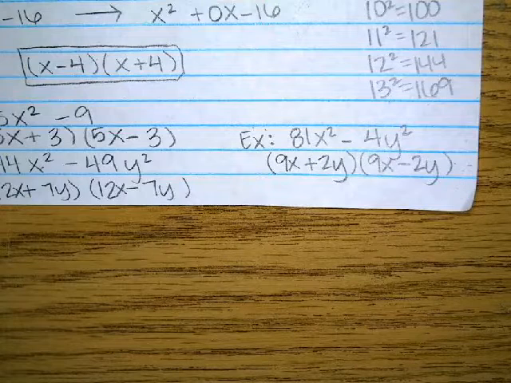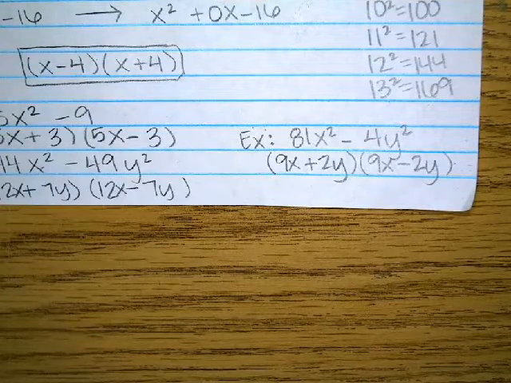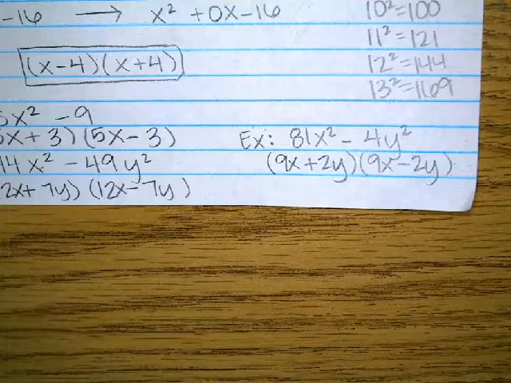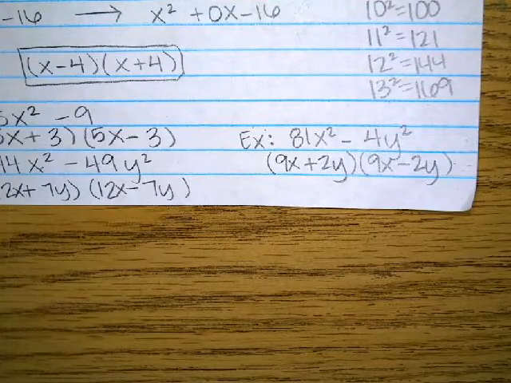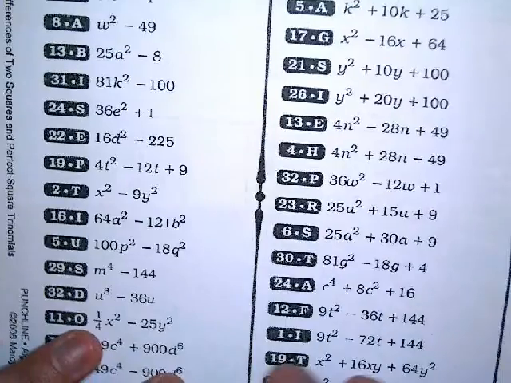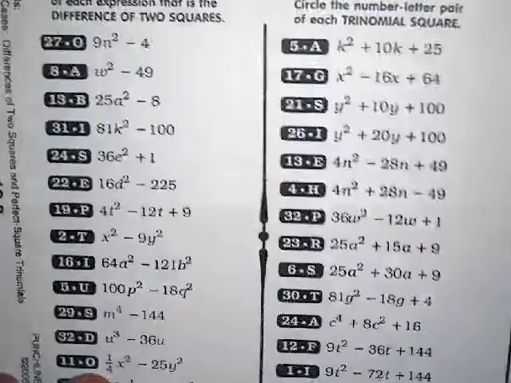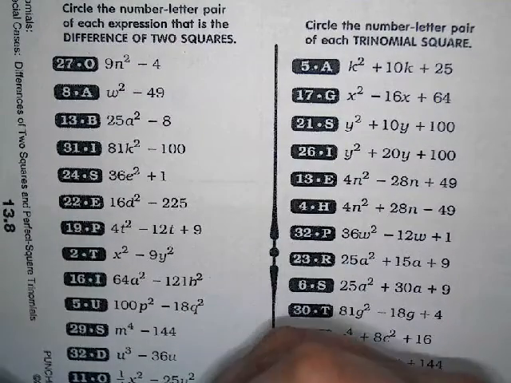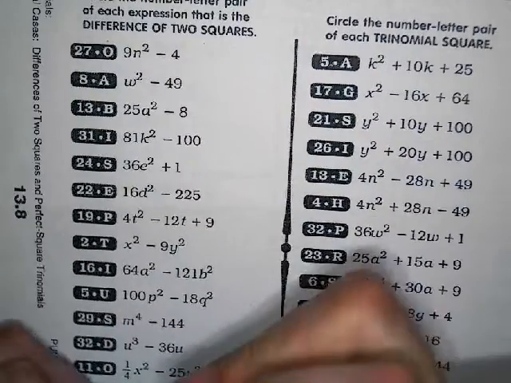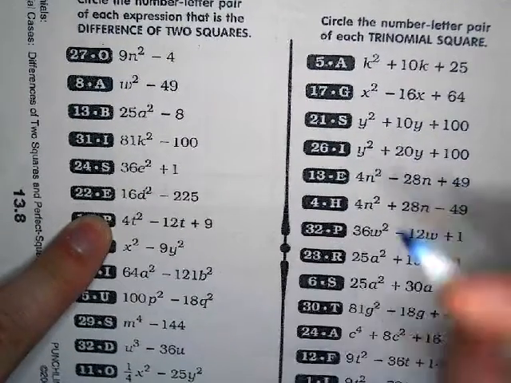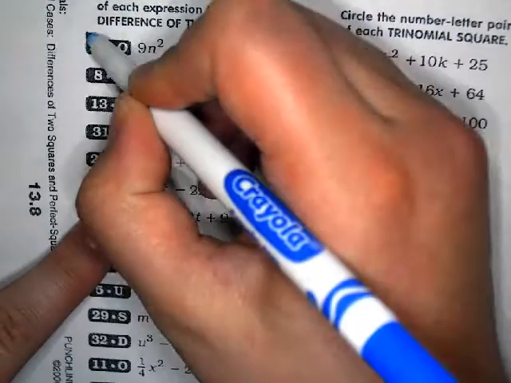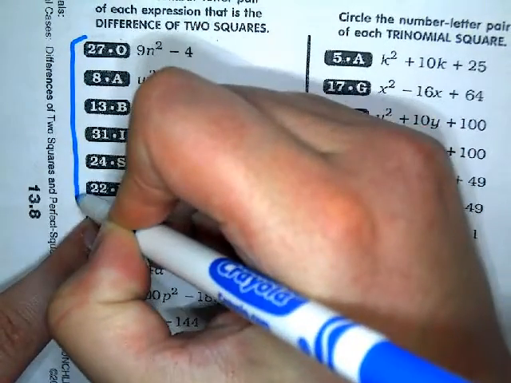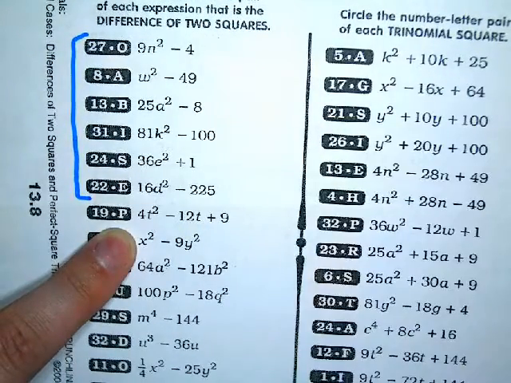Okay, take the worksheet you had before and flip it over. We are going to put dots or stars next to the problems I'm going to make you do on this worksheet. This is the back side. It's not very many.